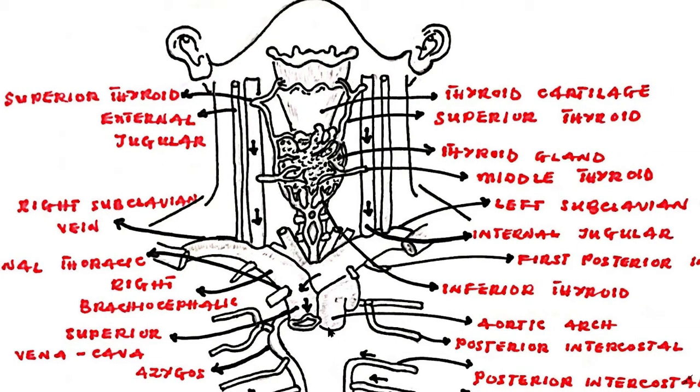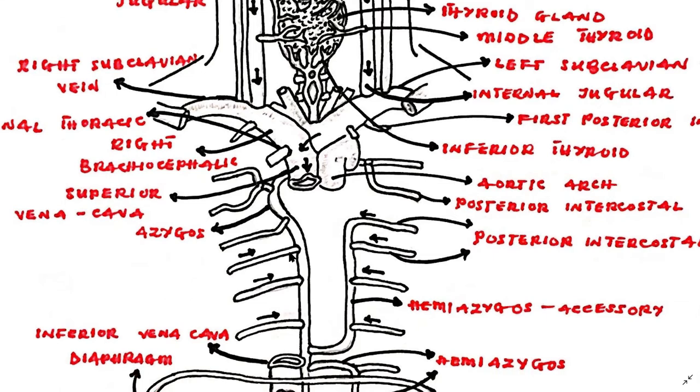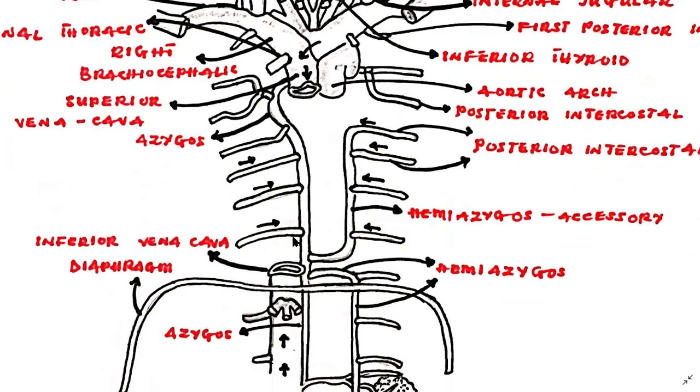The azygos vein ascends on the side of the thoracic vertebral column, draining itself towards the superior vena cava. It connects the systems of superior vena cava and the inferior vena cava and can provide an alternative path for blood flow to the right atrium when either of the vena cava is blocked.